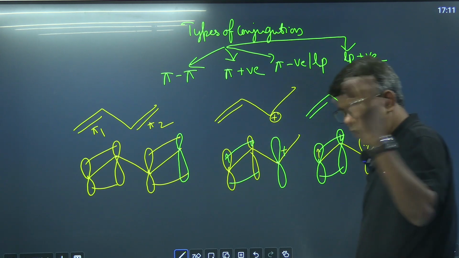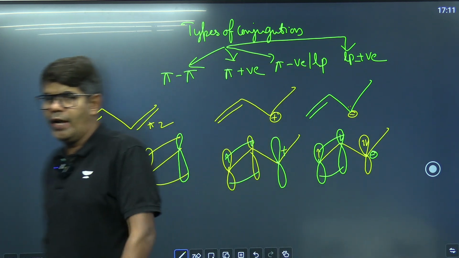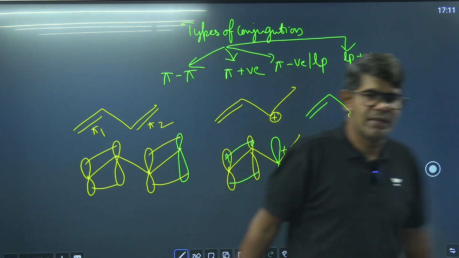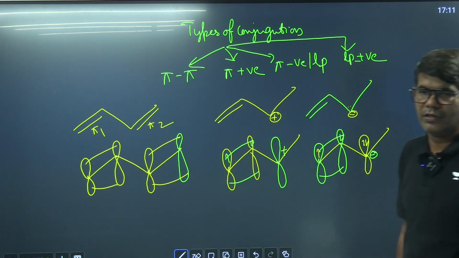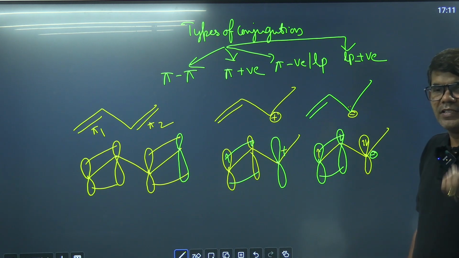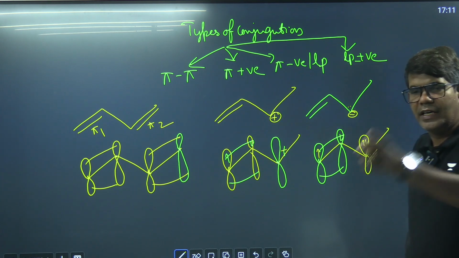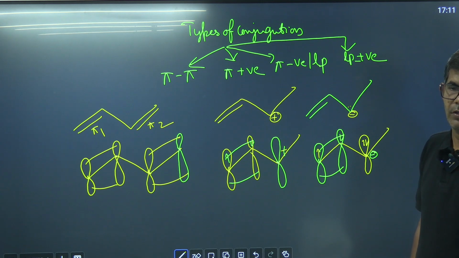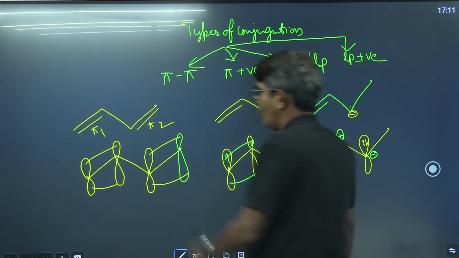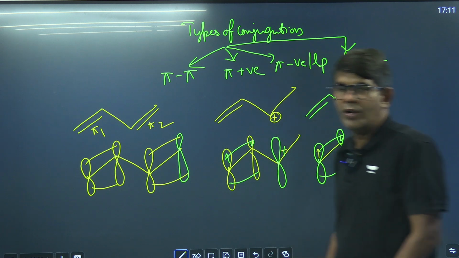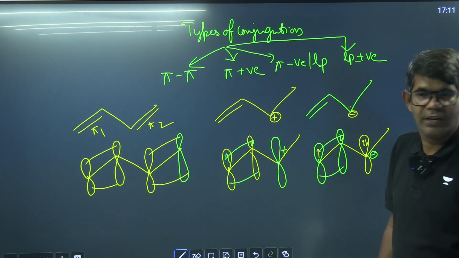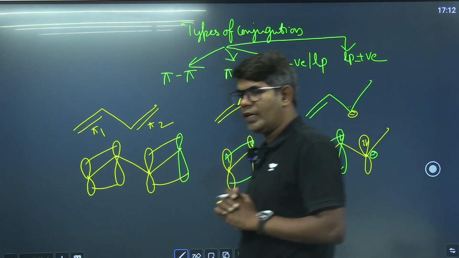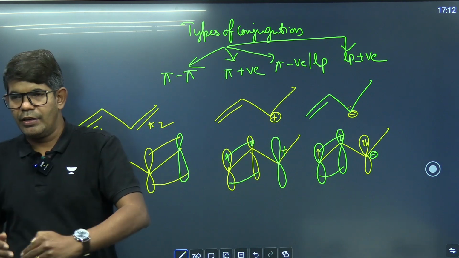Did you ever think why the orbitals must be in the same plane? Why must the 3 p orbitals be in the same plane for us to consider conjugation? Once there is a bond shift or a delocalization of electrons, a new bond can be formed. For the formation of the new pi bond, the p orbitals cannot be in different planes, because in case of a pi bond, the overlapping takes place above and below the internuclear axis.